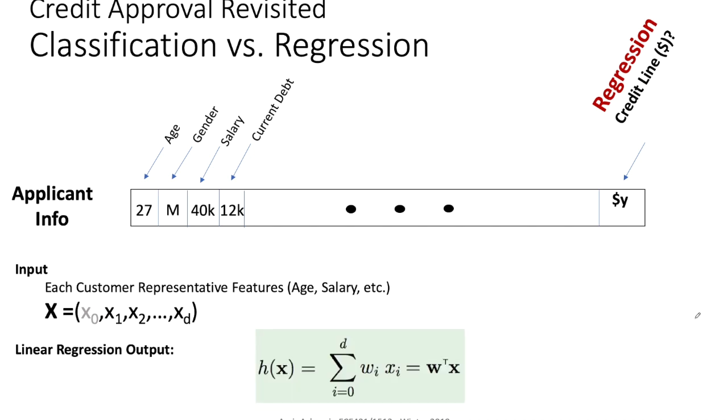The linear regression output is our hypothesis h of x, which is a summation of all the weights multiplied by the xi's. If we represent it in vector format, it's going to be W transpose multiplied by x. Now we're going to see how we derive that and how we minimize the error rate in a regression problem.